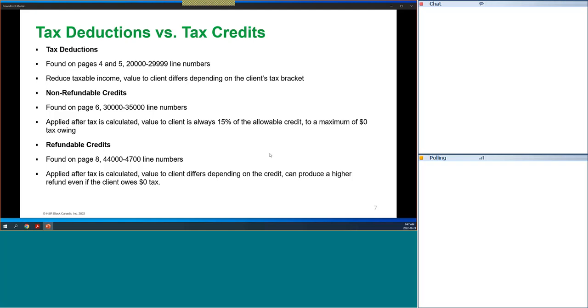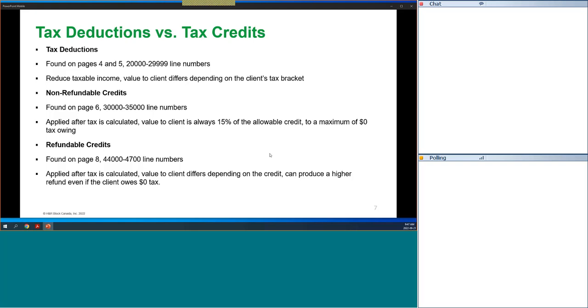I recommend as well that you start practicing separating those ideas out in your head and organizing in the same way, because again, it helps you to know what part of the tax return you're looking at, and it also helps you understand what the benefit to your client is, whether this deduction or this credit is going to be useful for your specific client or not useful for your specific client.